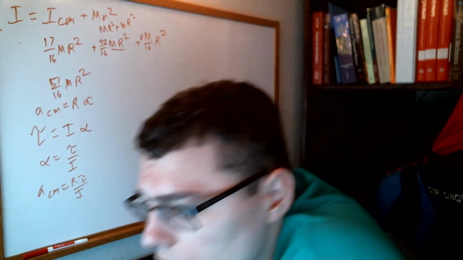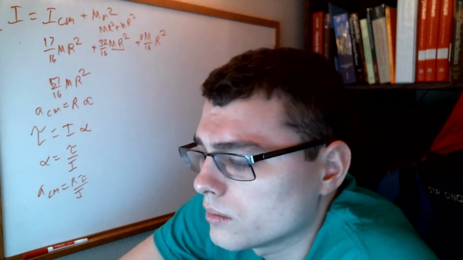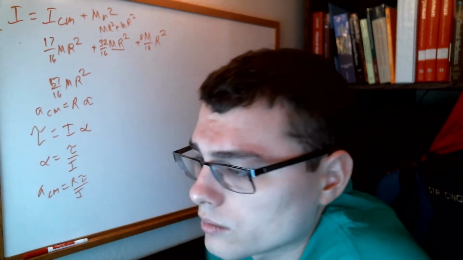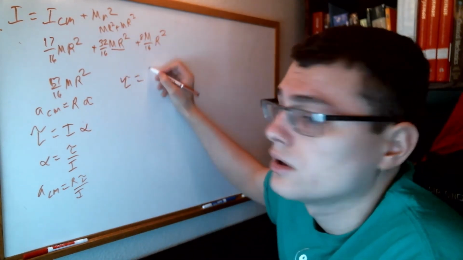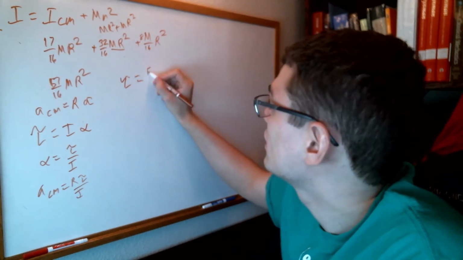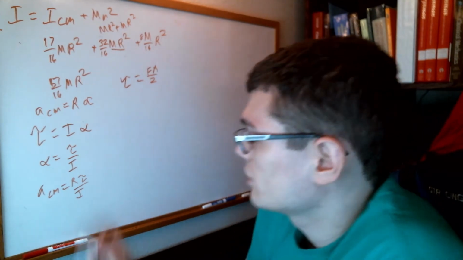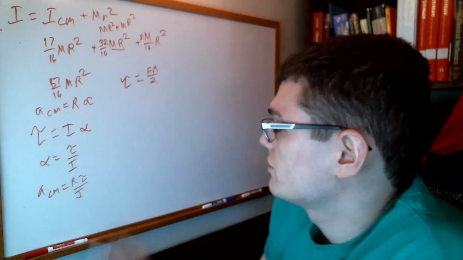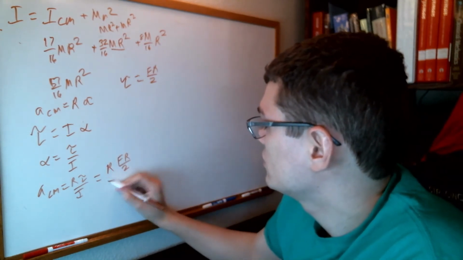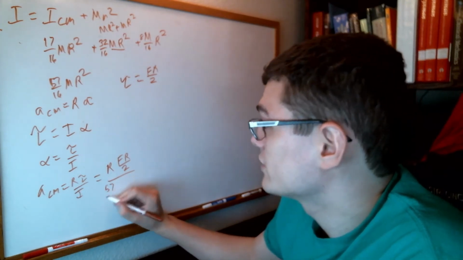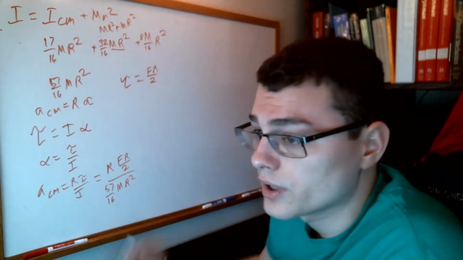We can do a couple things here. Remember from earlier in the problem, we said that T was going to be equal to F R over 2. And we already found what I is here, so we can start plugging those things in. We have F R over 2 divided by 57 over 16 of m r squared.